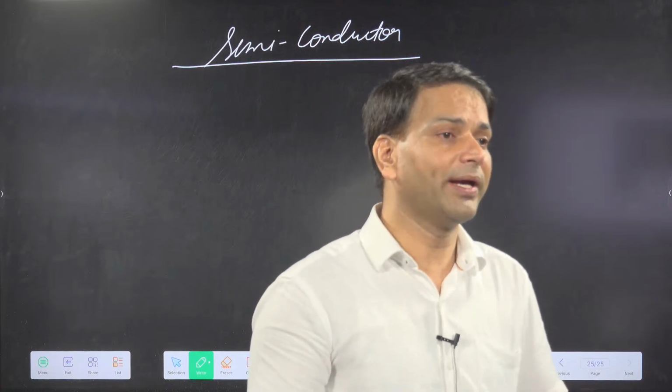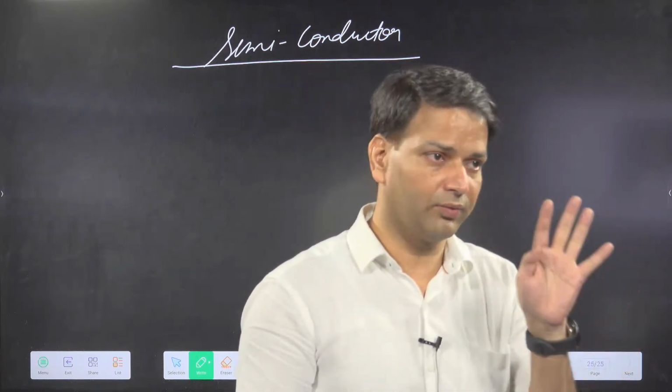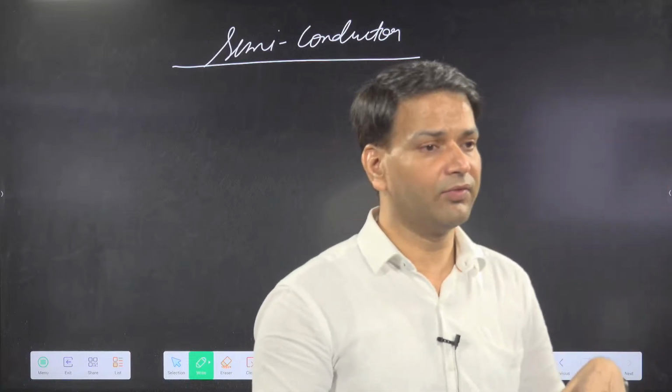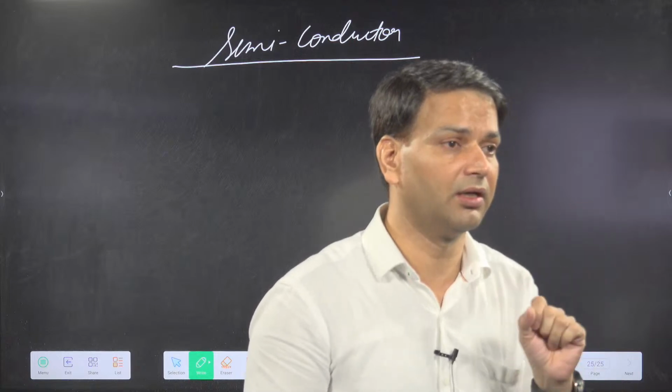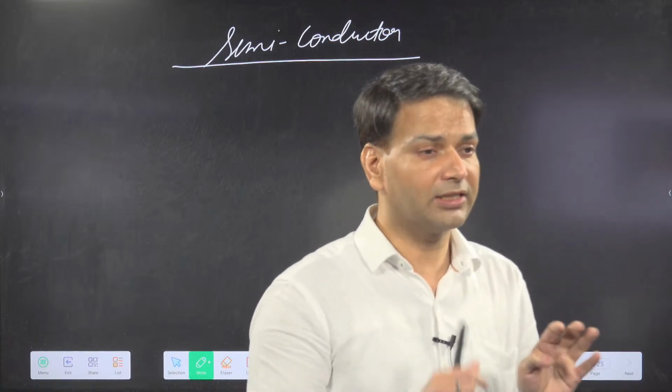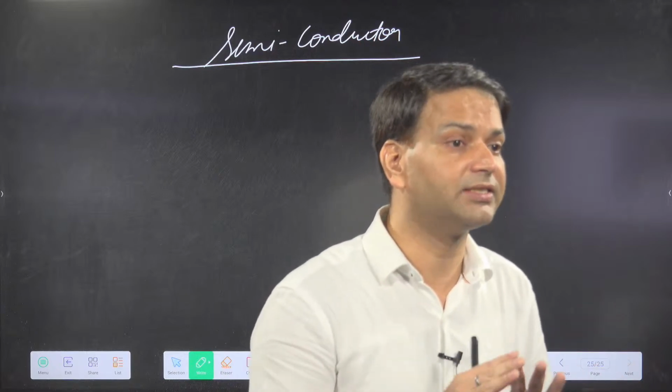How many energy levels can we get? Each atom has 4 electrons, and total n atoms, so total energy states in the valence band will be 4n. That's why different energy levels are there, so we call it the energy band.